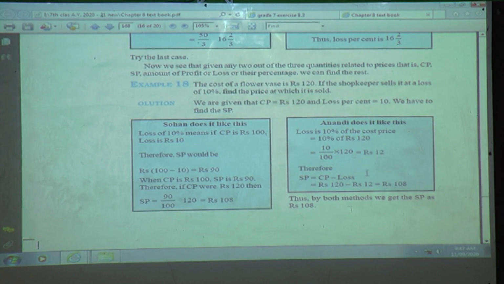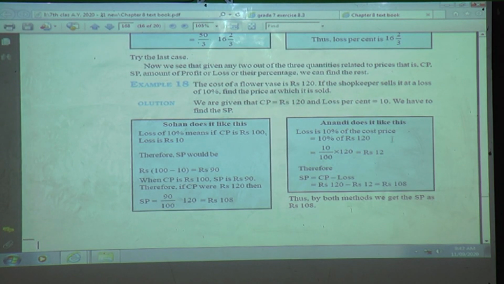We subtract this: 120 minus 12 is equal to 108. So in this way we got both answers, that is rupees 108 was the SP, the selling price of the flower vase. Thus by both methods we get the SP as rupees 108.